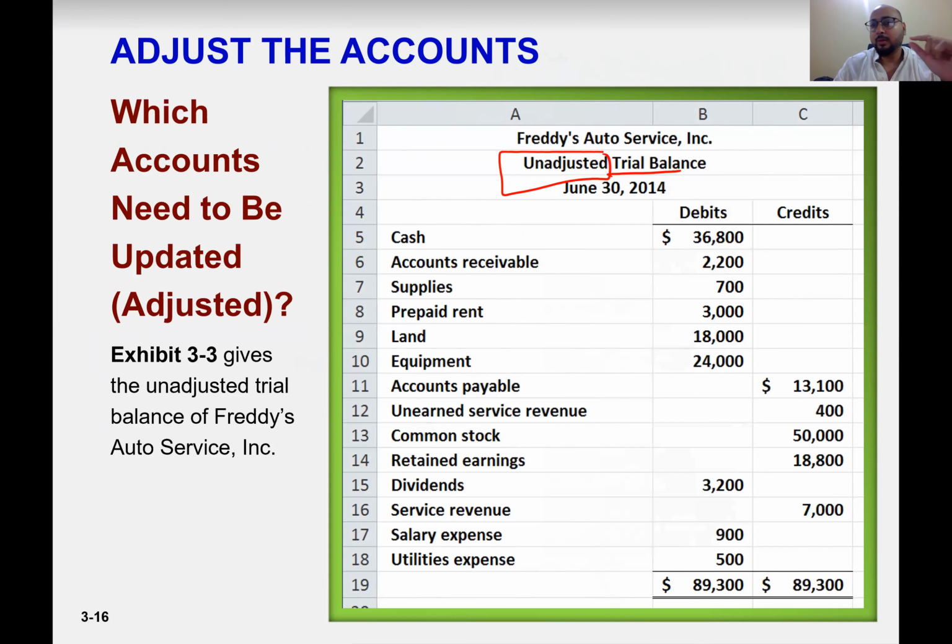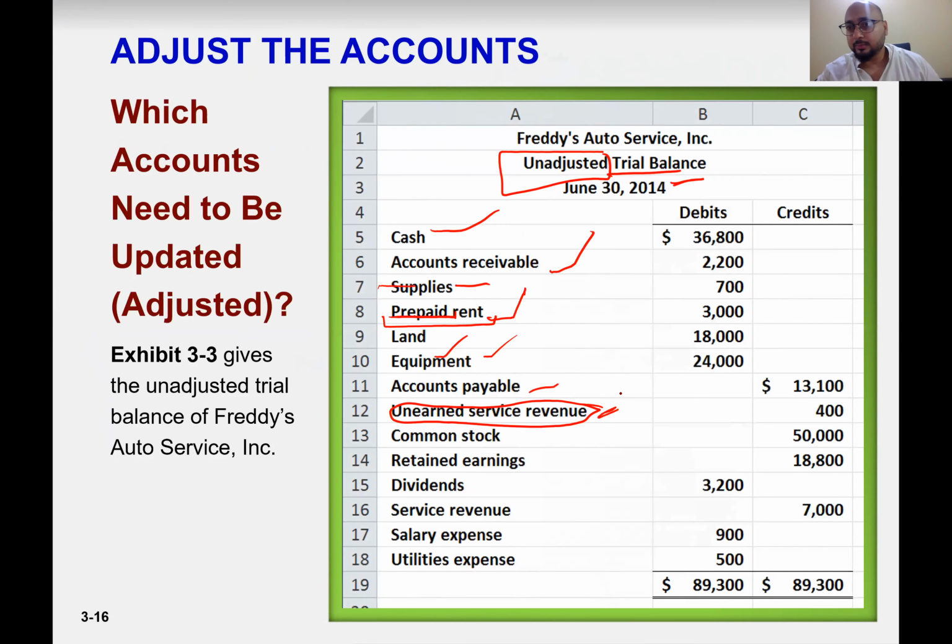The nature of rent is basically expense, and revenue is basically an income statement account. Rent also belongs to the income statement. But why are they in the trial balance or balance sheet? Because prepaid rent is our asset and unearned service revenue is our liability.